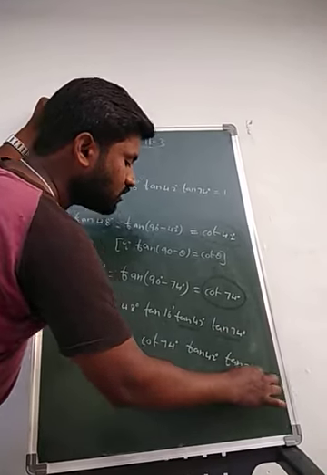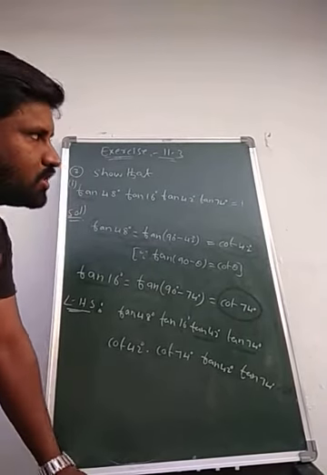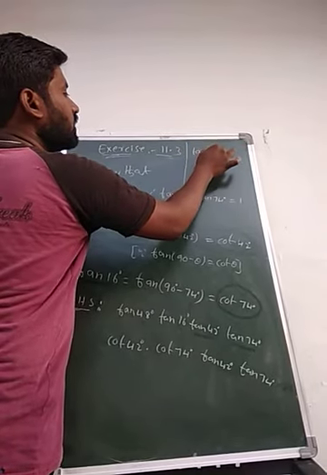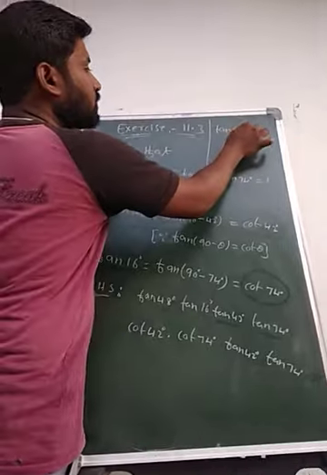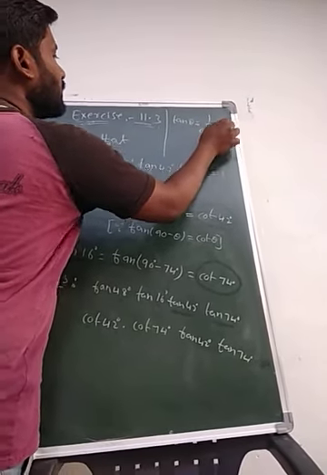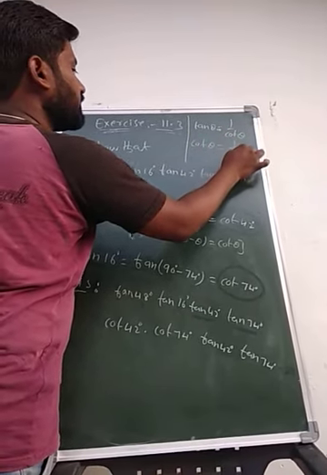Now we have a reciprocal relation. Tan theta is equals to 1 by cot theta, and cot theta is equals to 1 by tan theta.